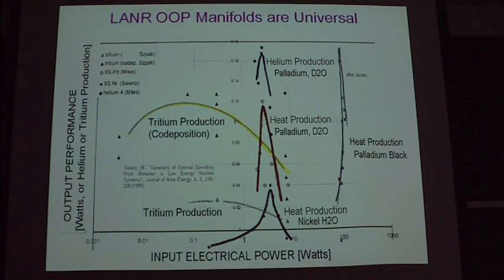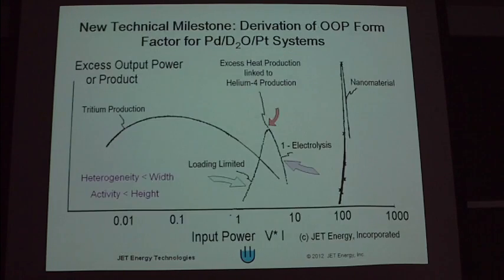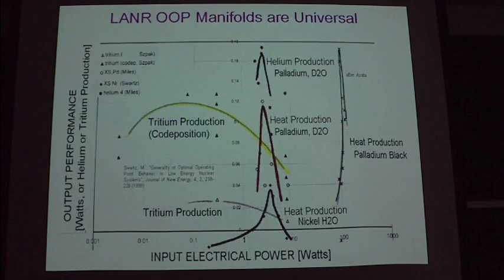Now, there's something I think really important here. First of all, these two overlap. We're looking at input electrical power between milliwatt and 100 watts, and we're looking at output of various things. People say cold fusion is not reproducible.